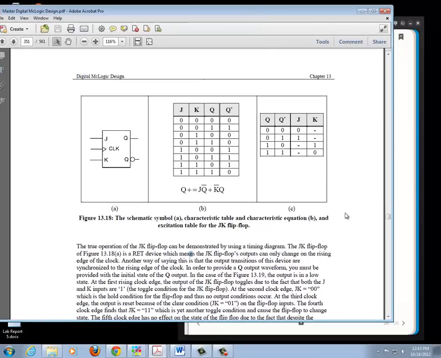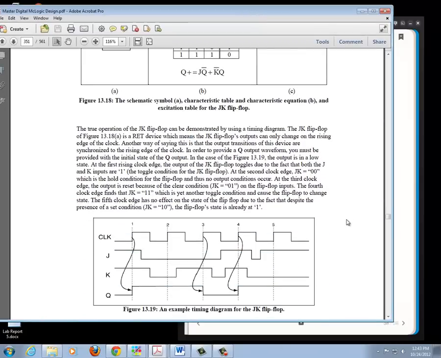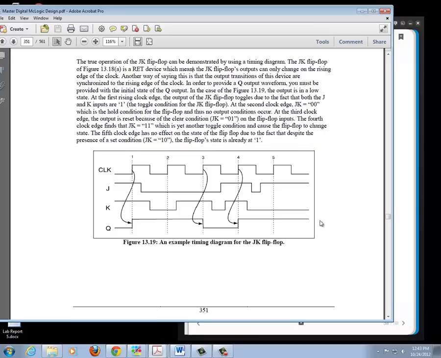And let's again look at a timing diagram. So here we have the clock again, J and K and Q. So remember, we have the hold, the set, the clear, and the toggle condition. And we only evaluate at the edge. So we start off Q at 0. At the edge, we evaluate.